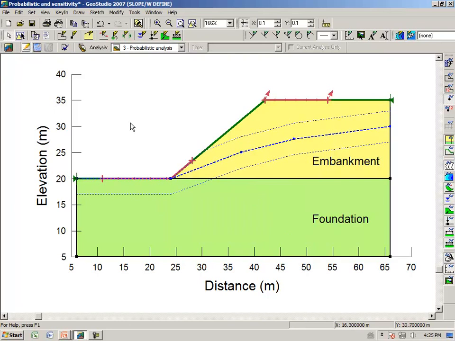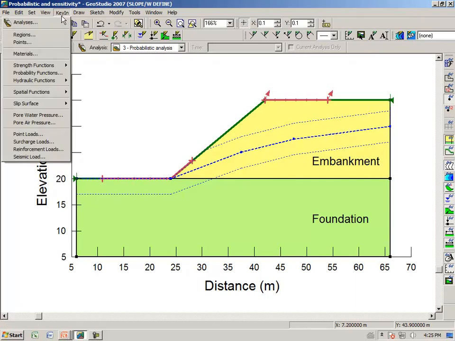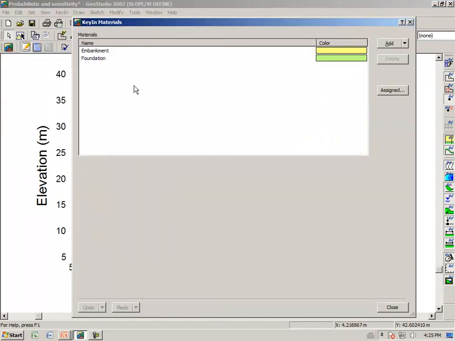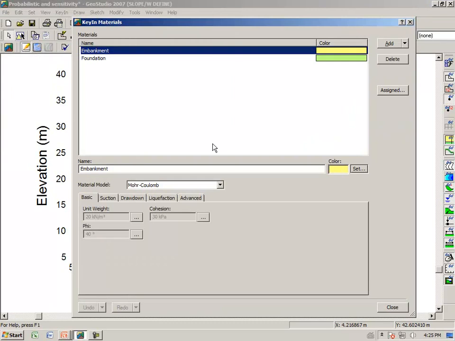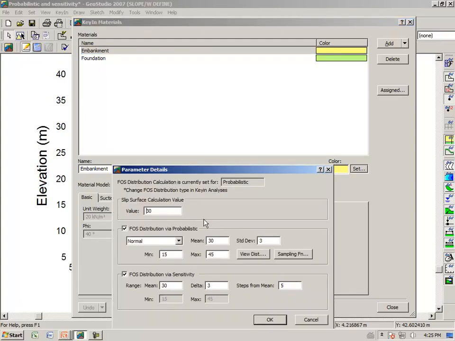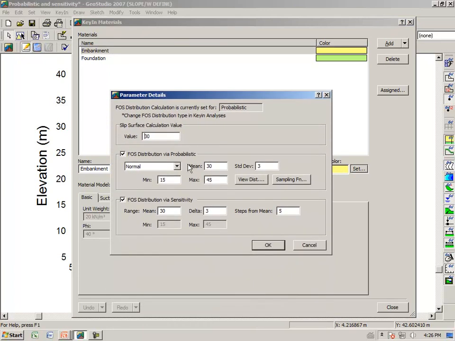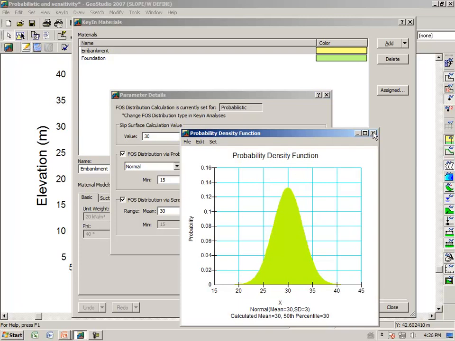Then we have some dispersion on the shear strength key in materials. For the embankment material, notice that unit weight, cohesion, phi are all gray, but if we click on this, you can see that we have specified some dispersion for a probabilistic analysis, once again using a normal probability density function.